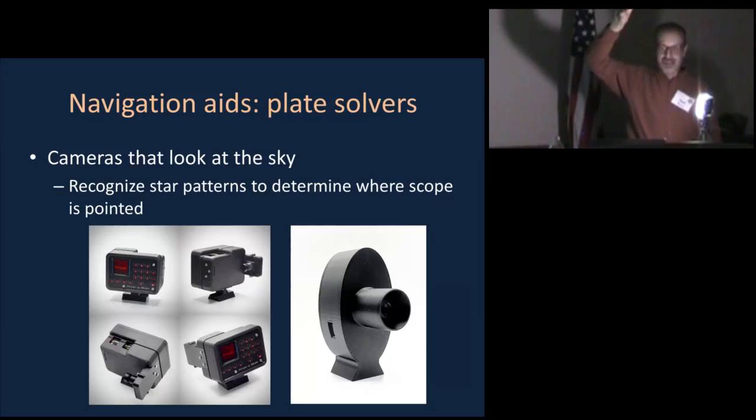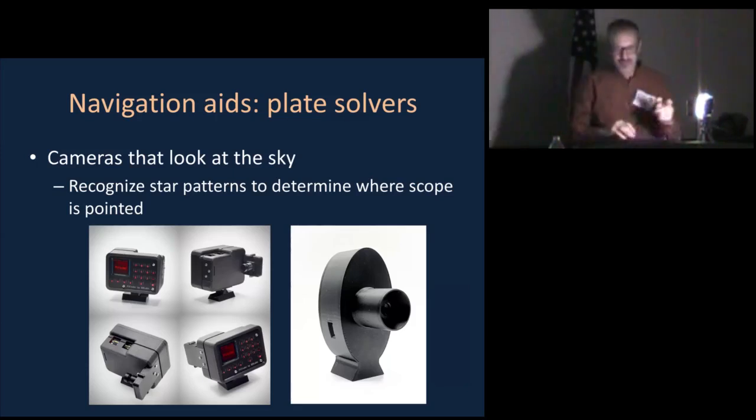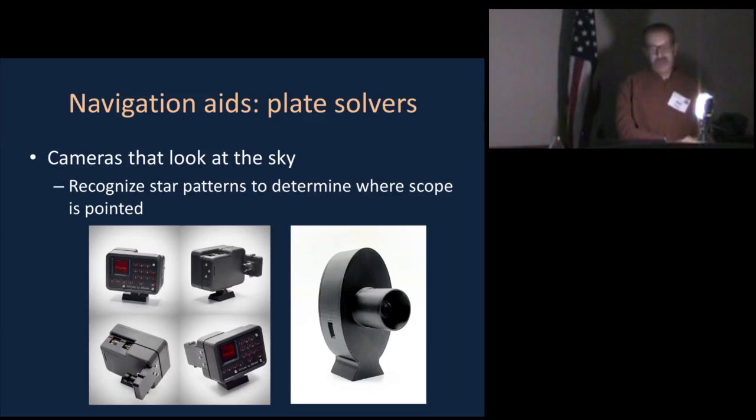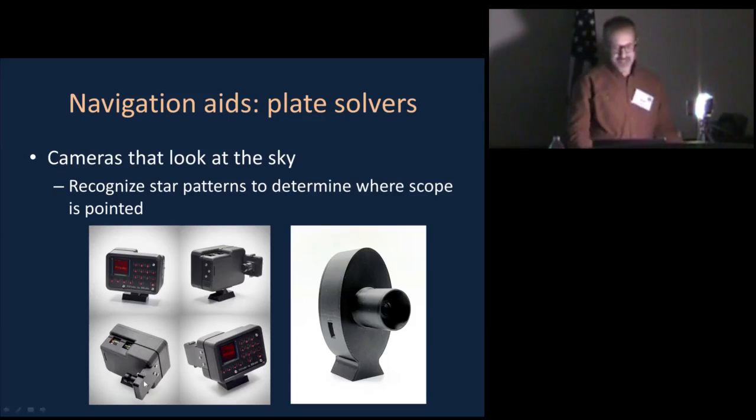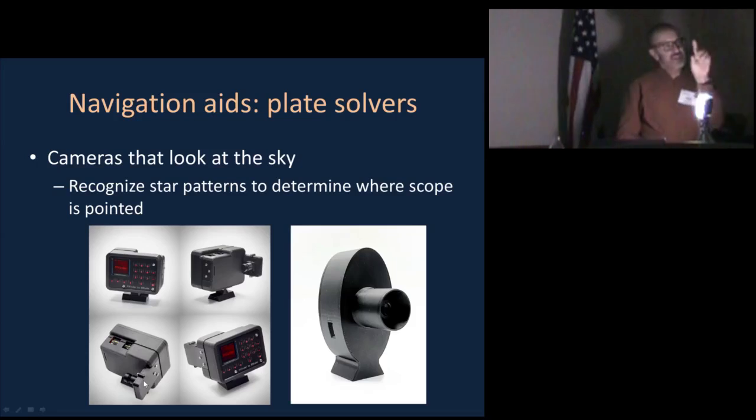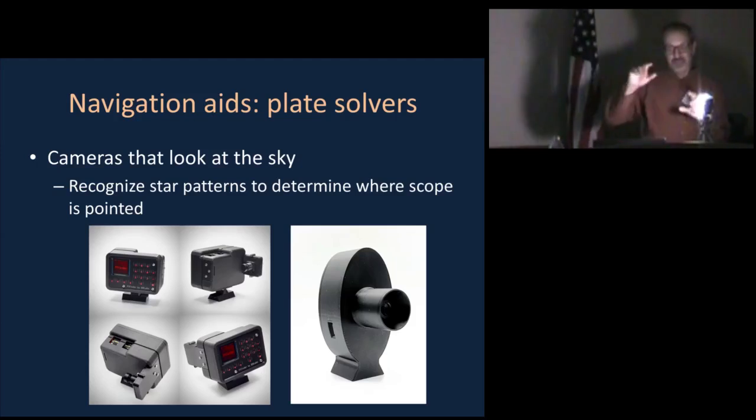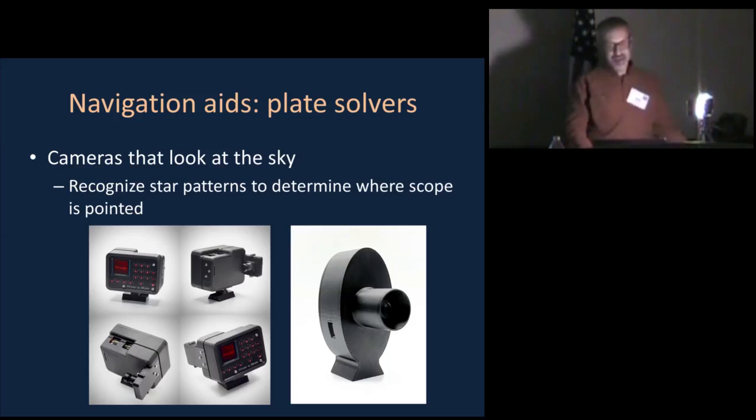So you can have, and I have one of those on the left, and Paul bought one recently too. On the back of this, you can see down here is a little camera. It just sits there and reads the sky, and it feeds back to my iPad and tells me where I'm looking. And based on that, if I tell it where I want to go, it will help me navigate to that.